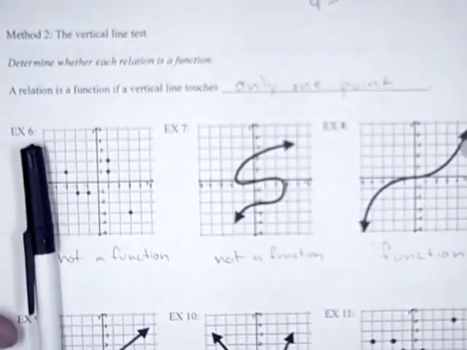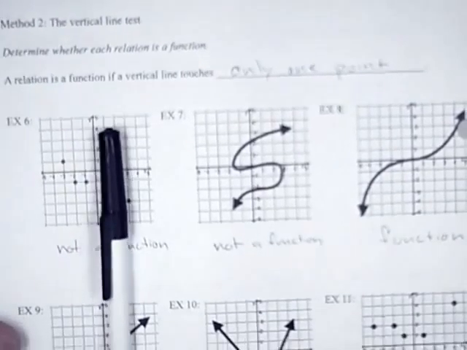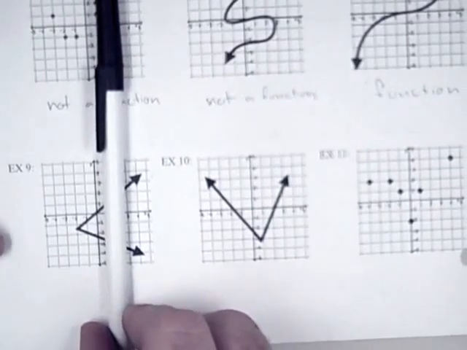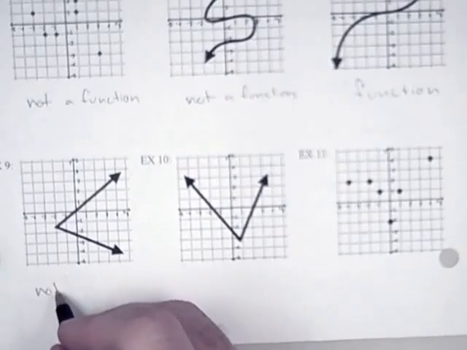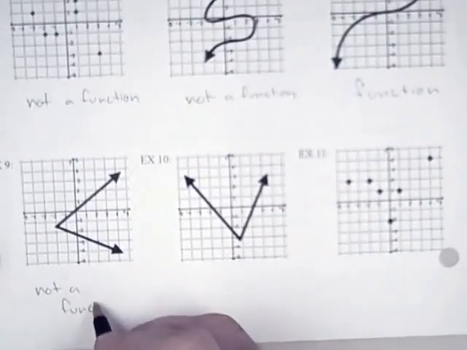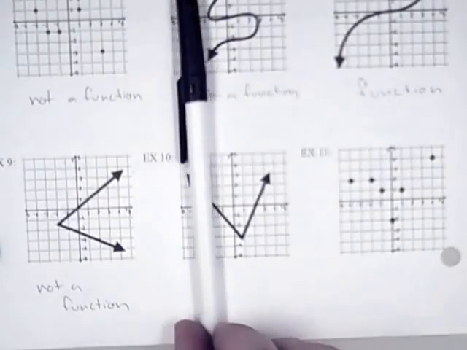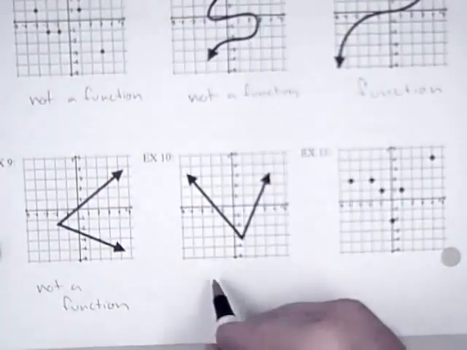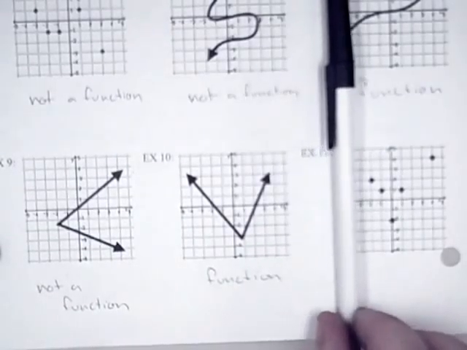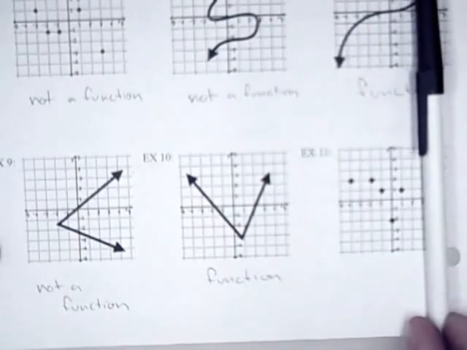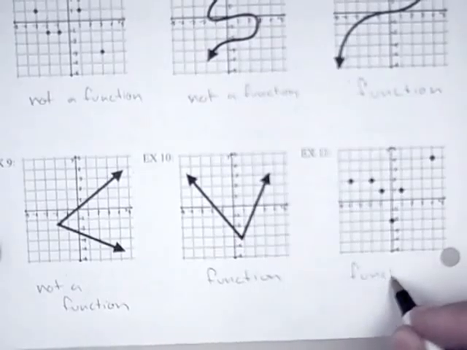For number 9, we see here there are 2 points where I'm intersecting, so it is not a function. And here in 10, there's only ever 1 point, so that is a function. And in 11, while there's many points on that graph, no 2 are at the same x value, so it is a function.